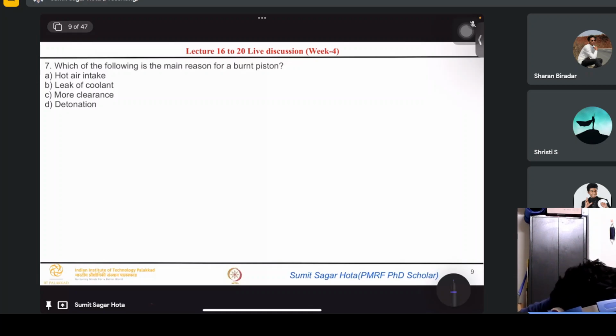Or more clearance. Obviously, if there is detonation, if there is some fire, then because of that only a burnt piston will occur, and it happens at the head or crown of the piston. So the only reason for that is detonation.